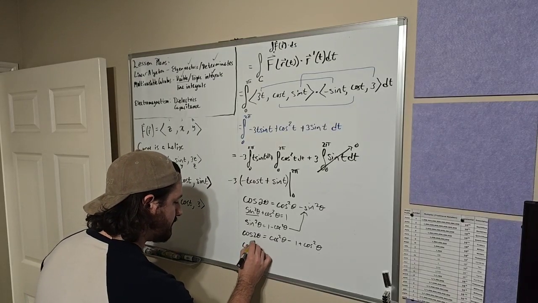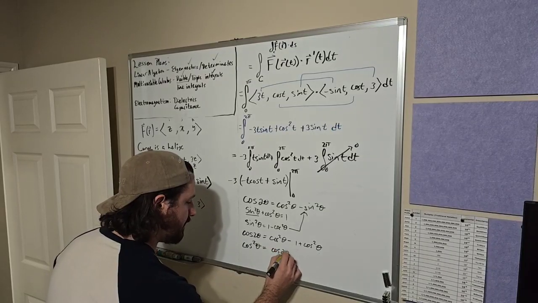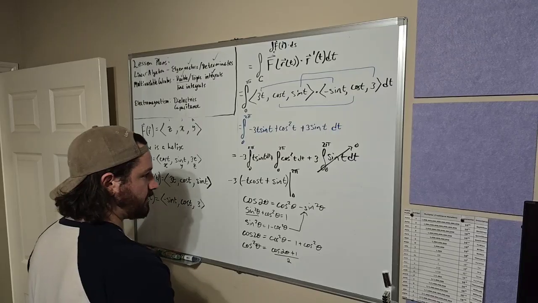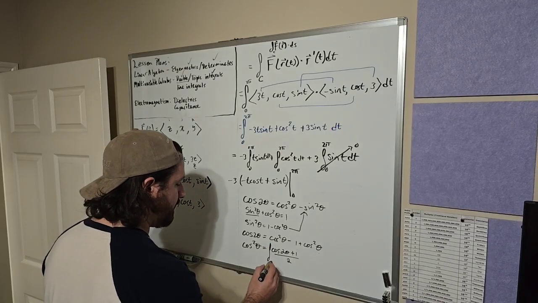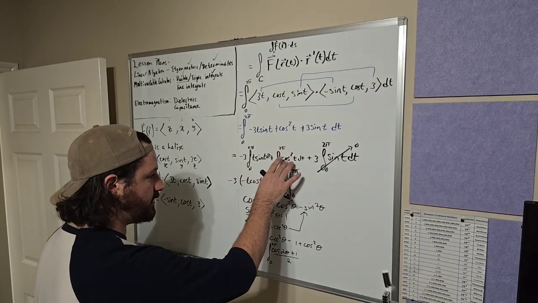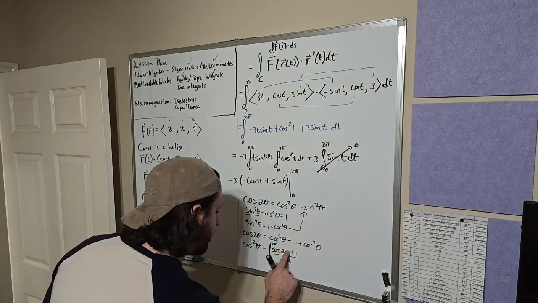So you get cosine squared of theta is equal to cosine 2 theta plus 1 over 2. And that's our integral, actually. So we're going to integrate this guy from 0 to 2 pi, because we have cosine squared of t, so that works out pretty nicely. And then instead of theta, we have t.